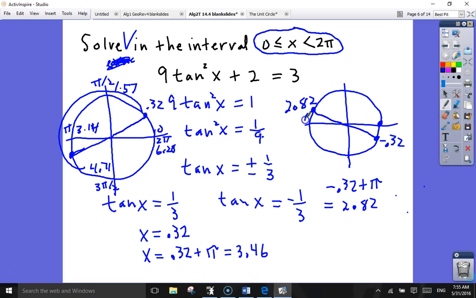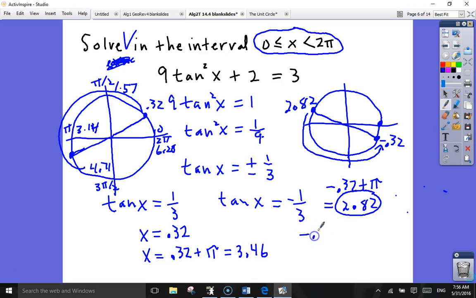That negative 0.32 angle is fine, it's just not in the right interval. How do I make a coterminal angle that is between 0 and 2 pi? From negative 0.32, add 2 pi. So there's one answer.